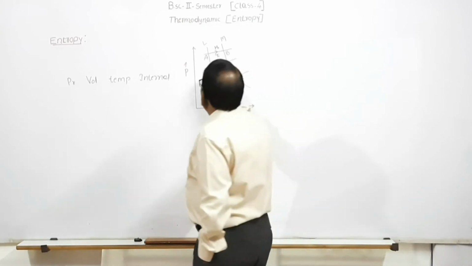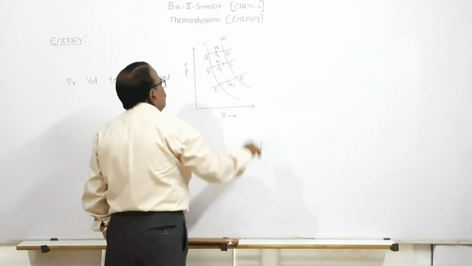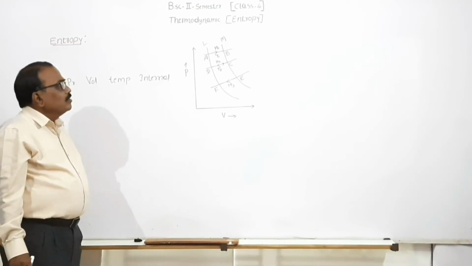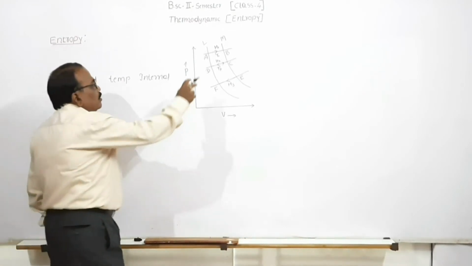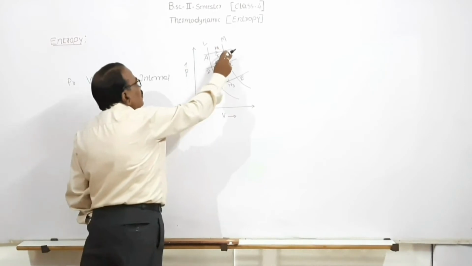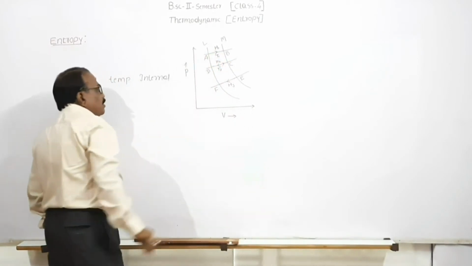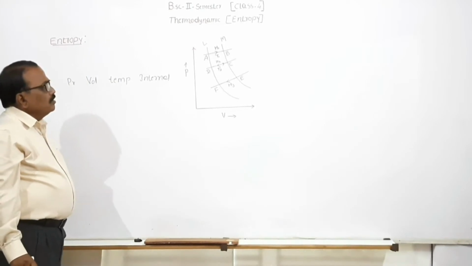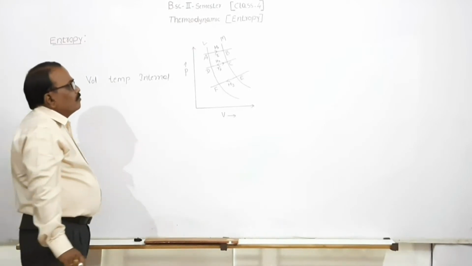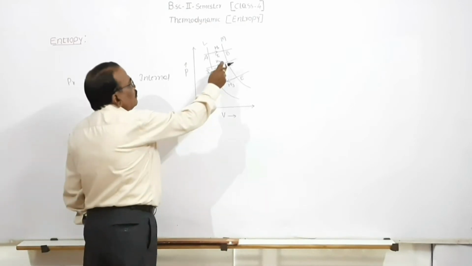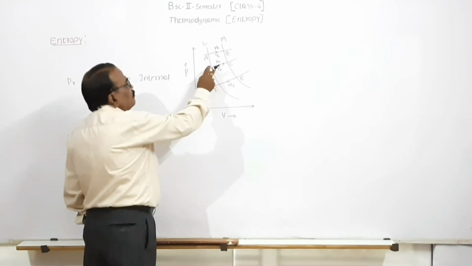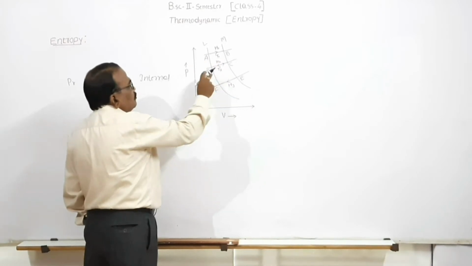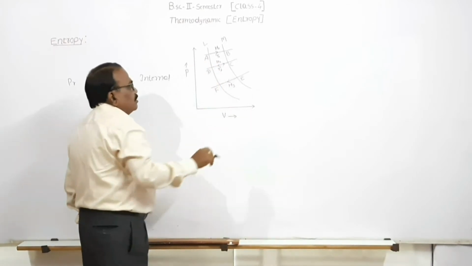See here, A, B, C, D is a Carnot reversible cycle. From A to B, heat energy H1 is absorbed at temperature T1. Then from C to D, heat energy H2 is rejected to the system at temperature T2.